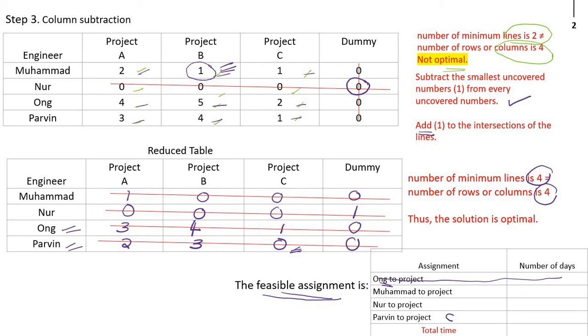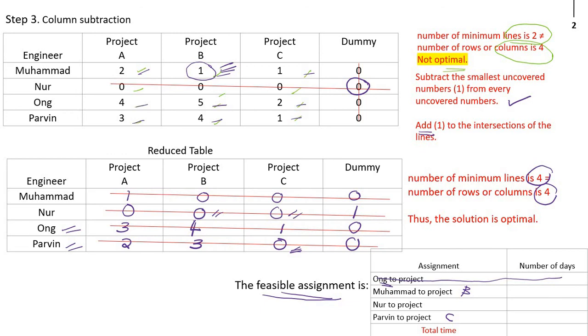And for Muhammad, either B or C. C is already given to Parvin, meaning that Muhammad will be assigned project B. And Nur, B is already given to Muhammad, and C is already given to Parvin.